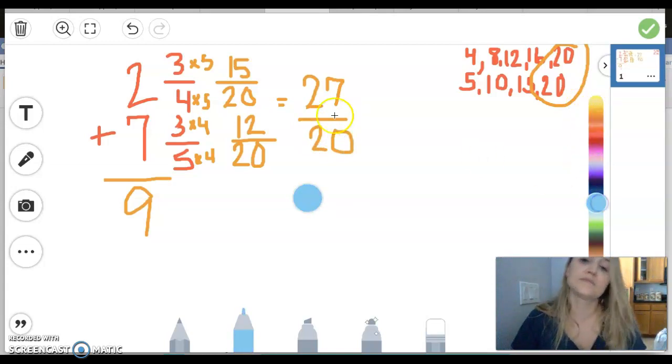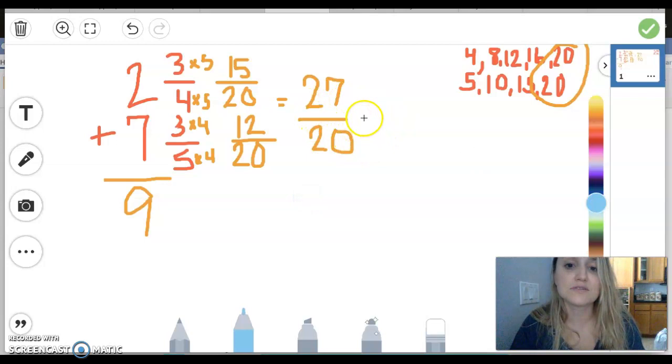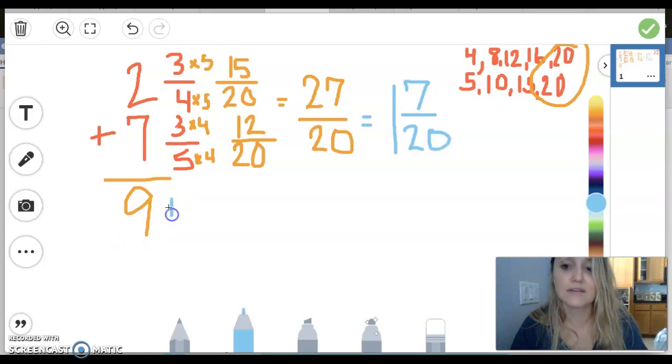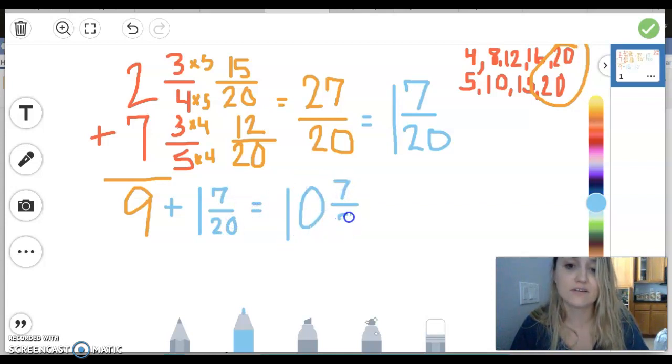Okay, 20 goes into 27 one time, and then you have 7 as your remainder. Okay, so add 9 and 1, 7 over 20, and your answer is 10 and 7/20.